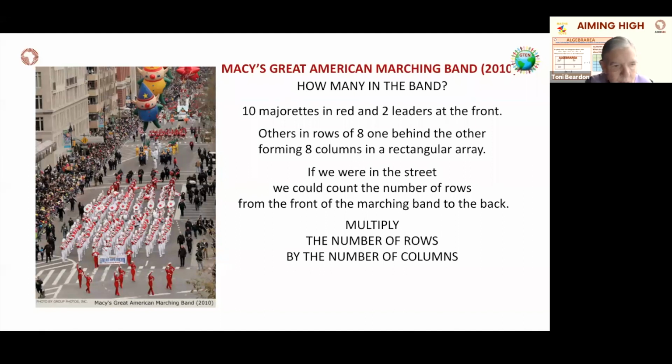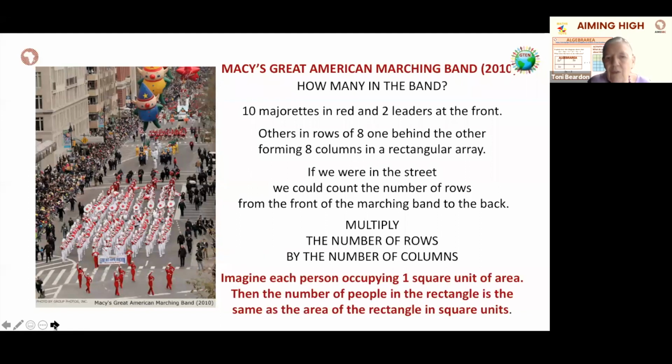And so now we have linked the number of players, which is a multiplication of the number of rows and columns. We've linked that to multiplication, and we're linking it to area on the ground of that moving rectangle as the band marches forward. And so are we ready now to march forward on our workshop?